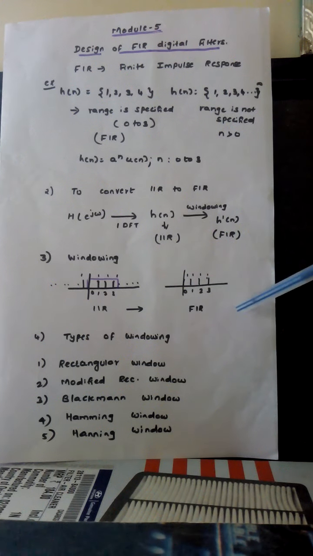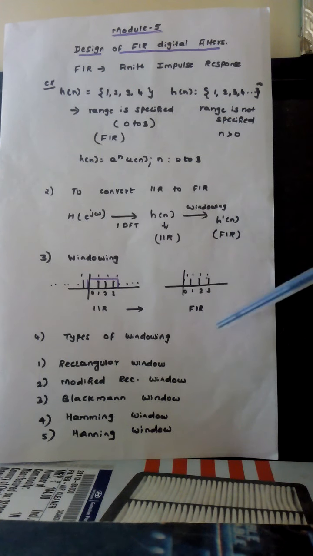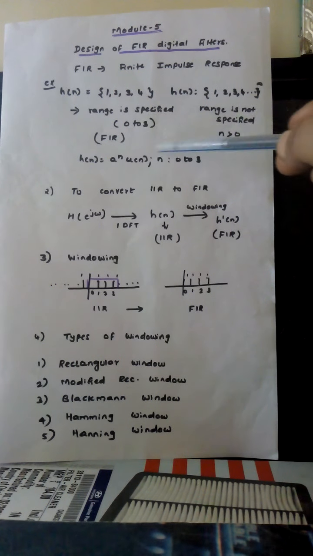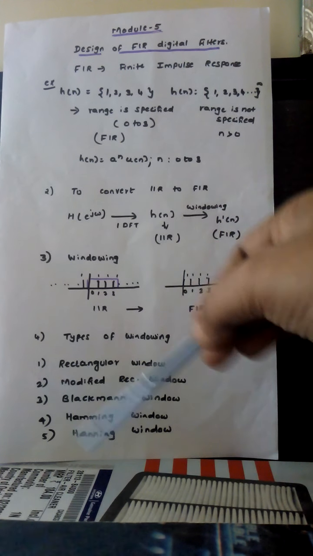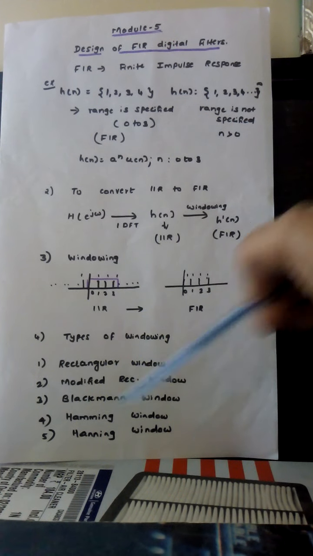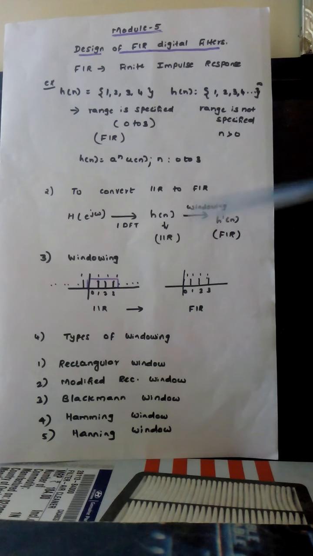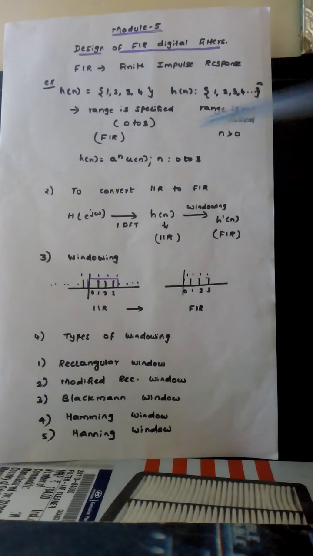So we'll get this FIR here. So those are the three steps we can see here. One is how to identify whether it is a FIR or not. Second, how to convert this IIR to a FIR. Third, what is the windowing technique. The types of windowing are the rectangular window, modified rectangular window, Blackman window, Hamming window and the Hanning window. All will have a different formula, but the procedure will be the same.